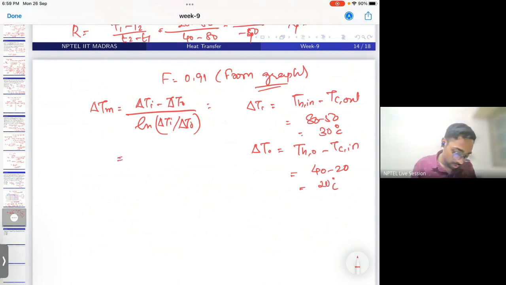So if we calculate 30 minus 20 by ln 30 by 20, you will get the answer as 24.66 degrees Celsius.